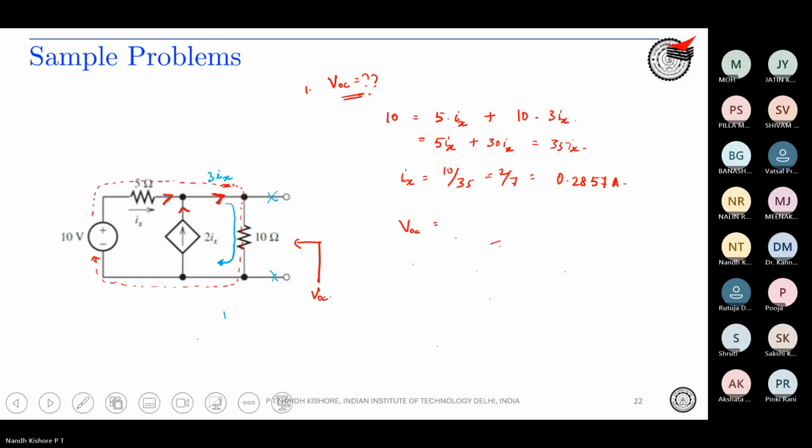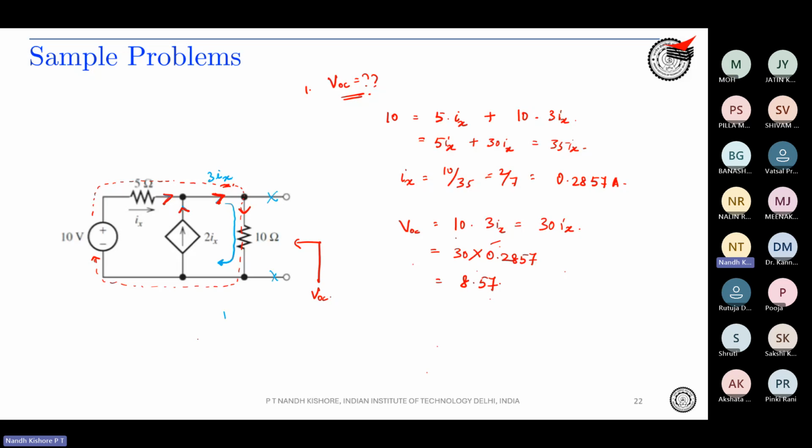VOC is the voltage across the 10 ohm resistor. So 10 into the current, which is 3 times Ix, so 10 into 3Ix, which is 30Ix. So 30 into 0.2857 gives 8.571 volt. This is your VOC and this is also your Thevenin voltage.